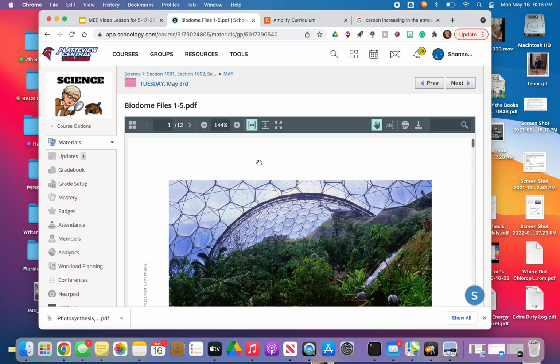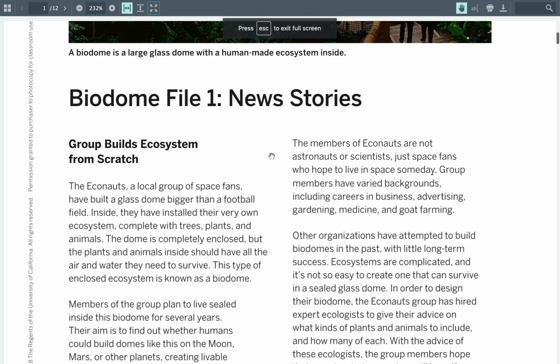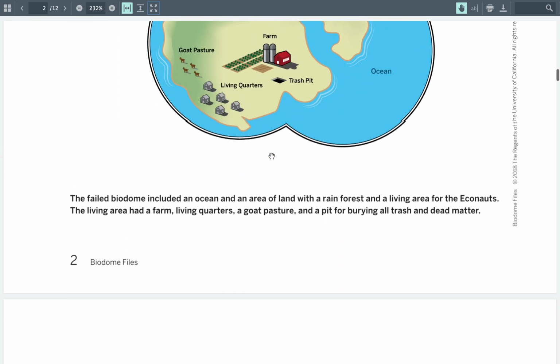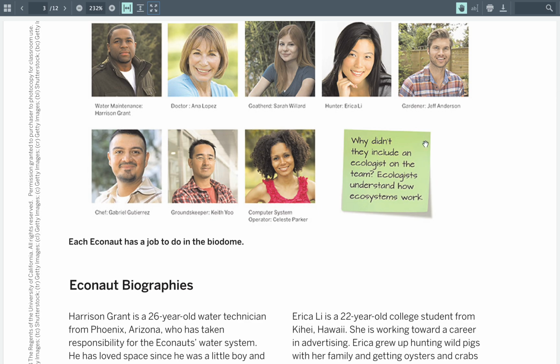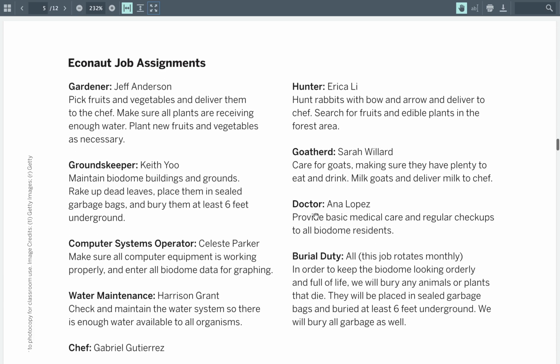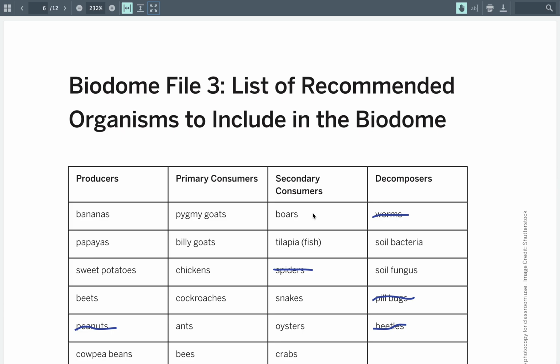And what I'd like you guys to do is spend a little bit of time, everybody. We've already read these. You have already annotated these. But I want you to go back, and it says that they want you to look at specifically biodome file number 2. Pay attention to these little sticky notes. And biodome file number 3, which is a list of recommended organisms.